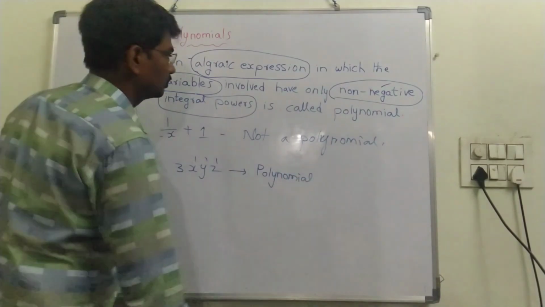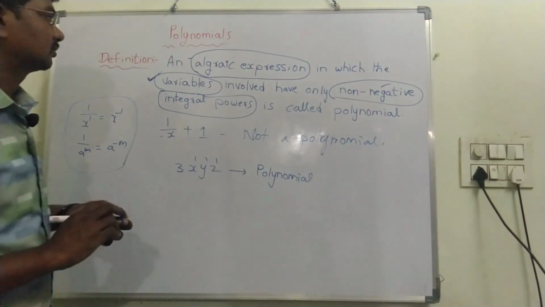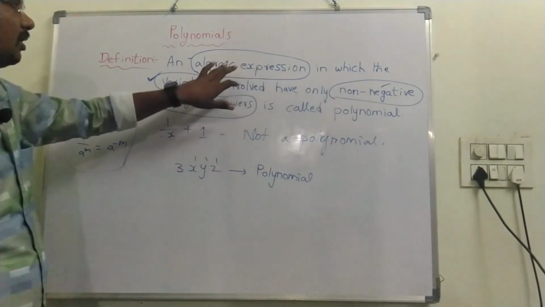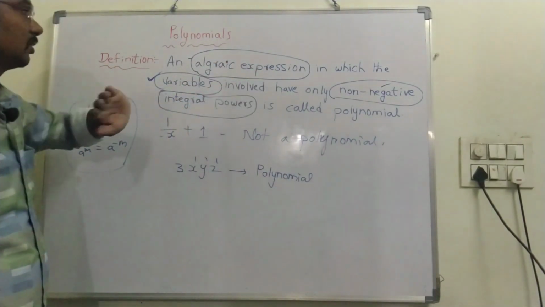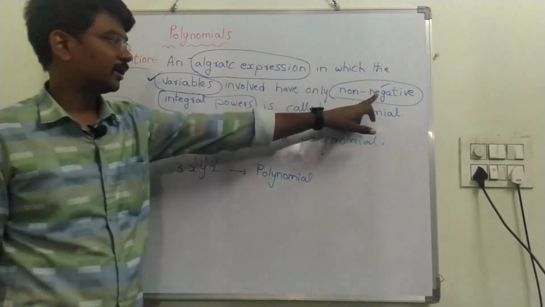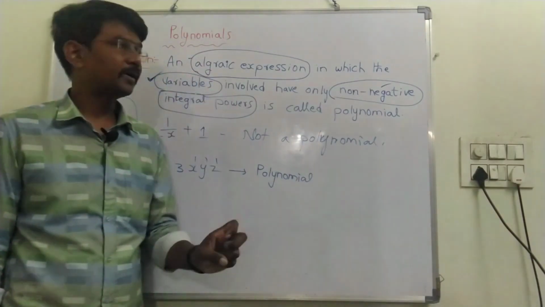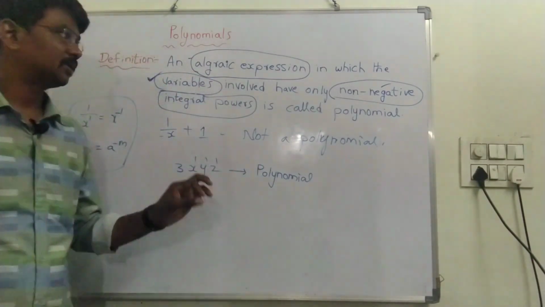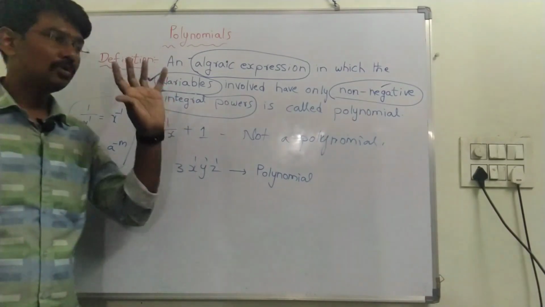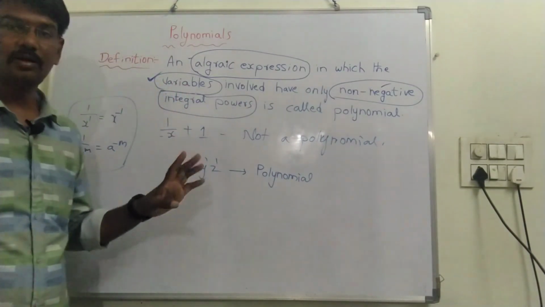Okay. So algebraic expression learning over. Variables learning over. Non-negative learning over. Now, an algebraic expression in which the variables involved have only non-negative integral powers is called a polynomial.